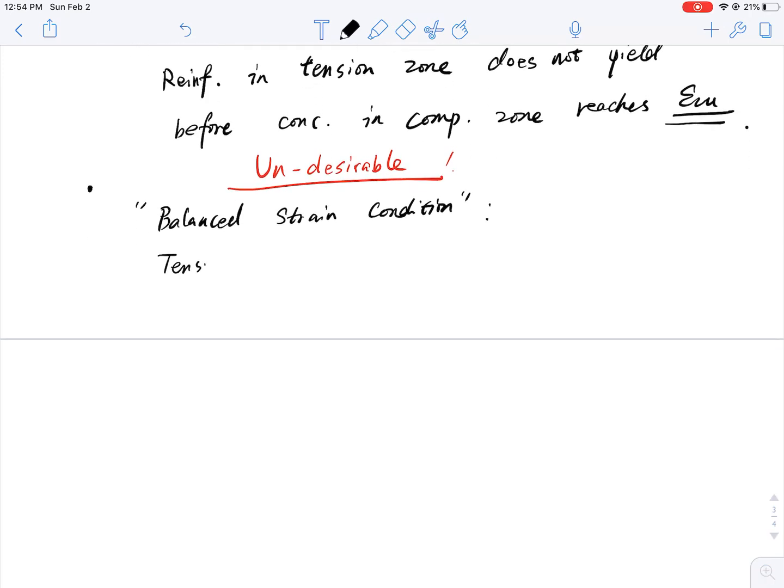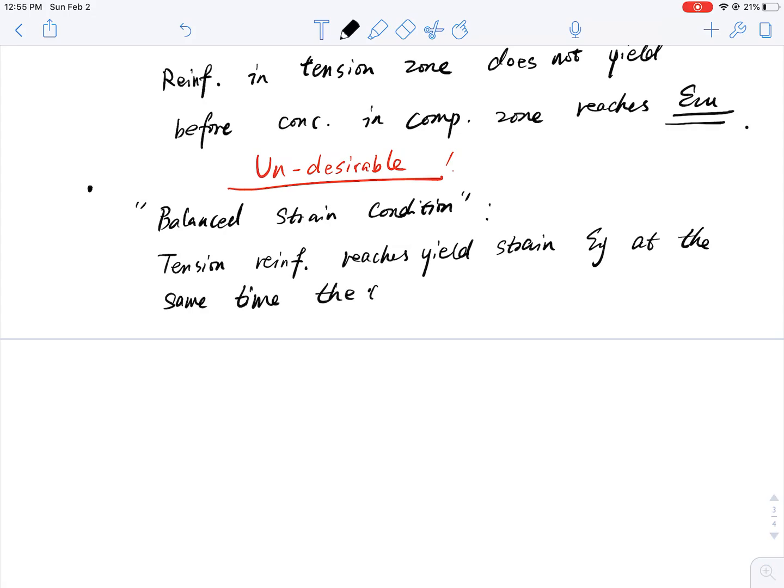That means the tensilely loaded reinforcement reaches the yield strain of the steel, epsilon y, at the same time the concrete in compression zone reaches epsilon cu.